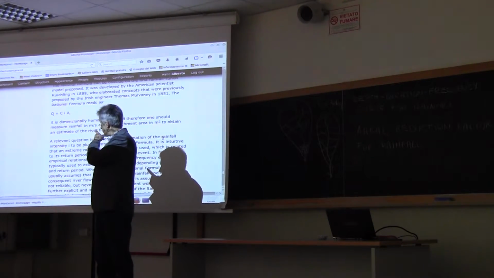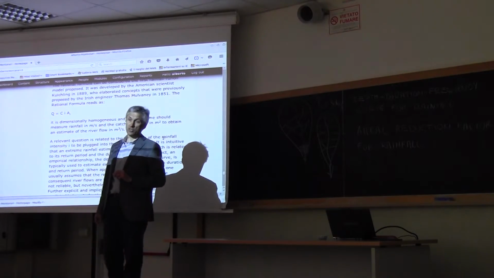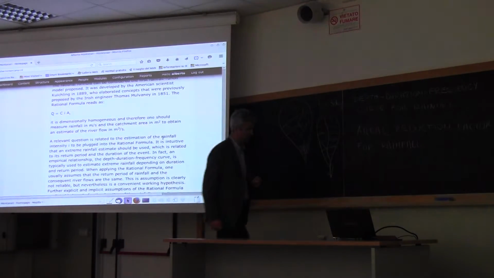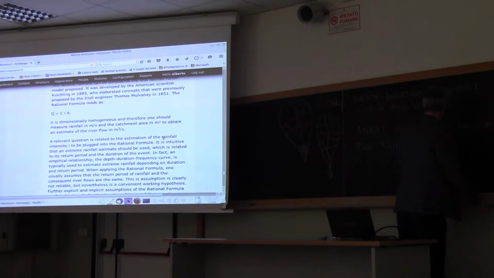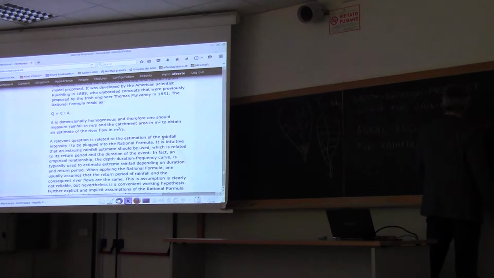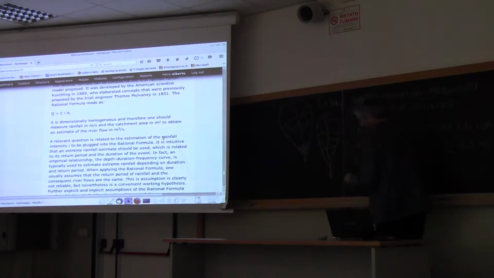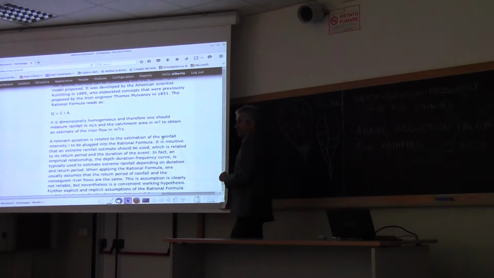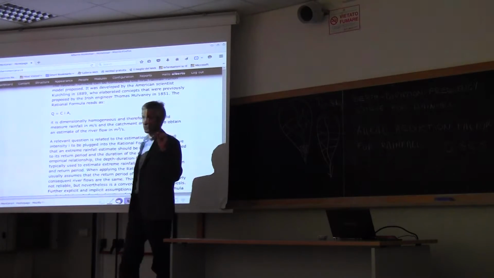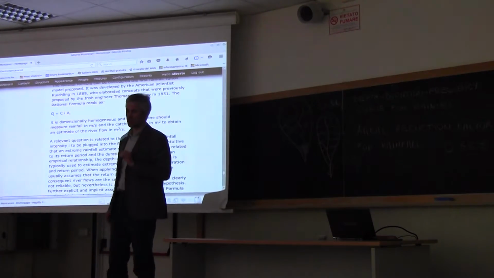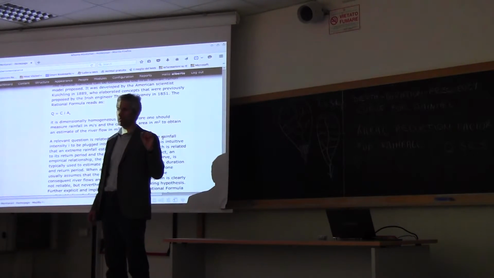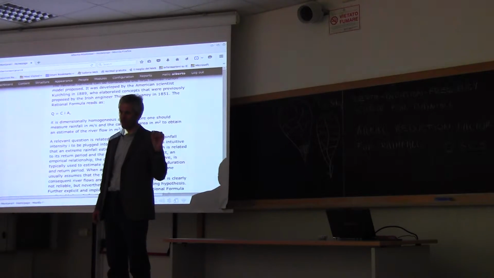And then C. C is a runoff coefficient. In principle, C should be constrained within the range of 0, 1, for obvious reasons. 0 means that it rains and you don't see any flow in the river.